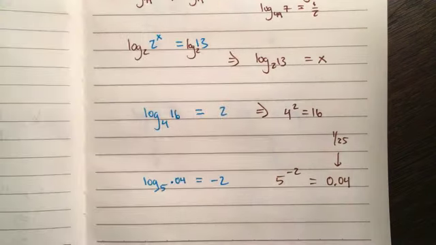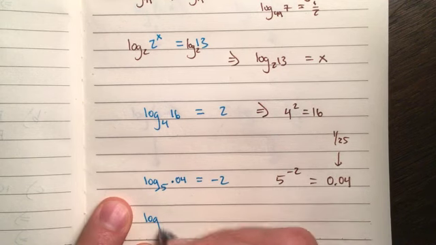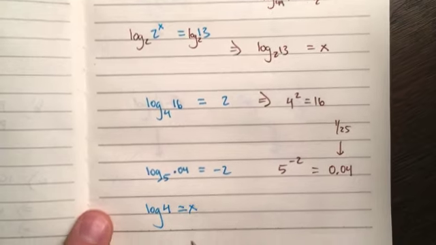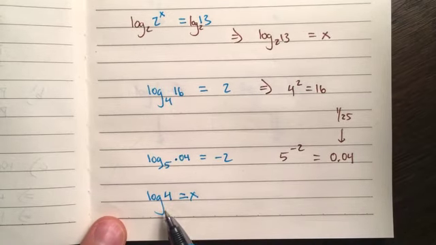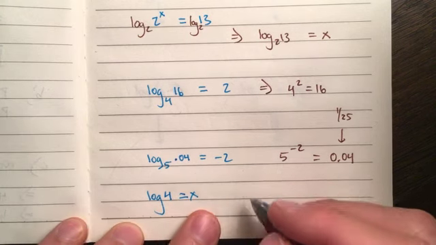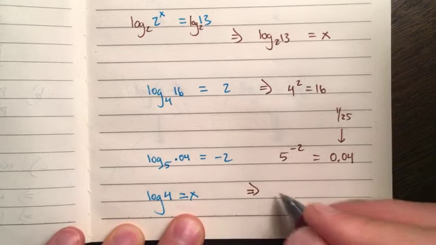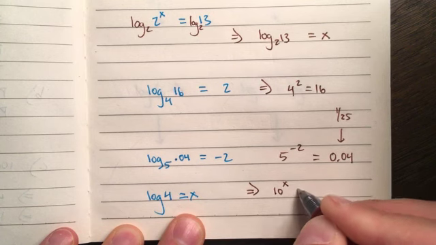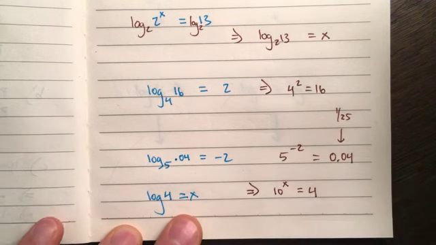The last one had asked you to rewrite log base 10 of 4 equals x. I'm not really sure why they wrote log base 10 because it's really just log. But that helps us remember that this would be written in exponential form as 10 to the xth power has to be equal to 4.